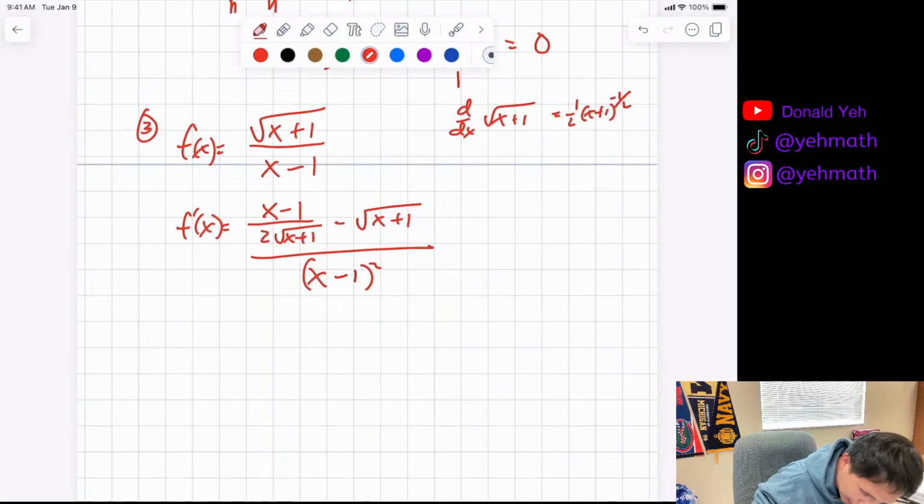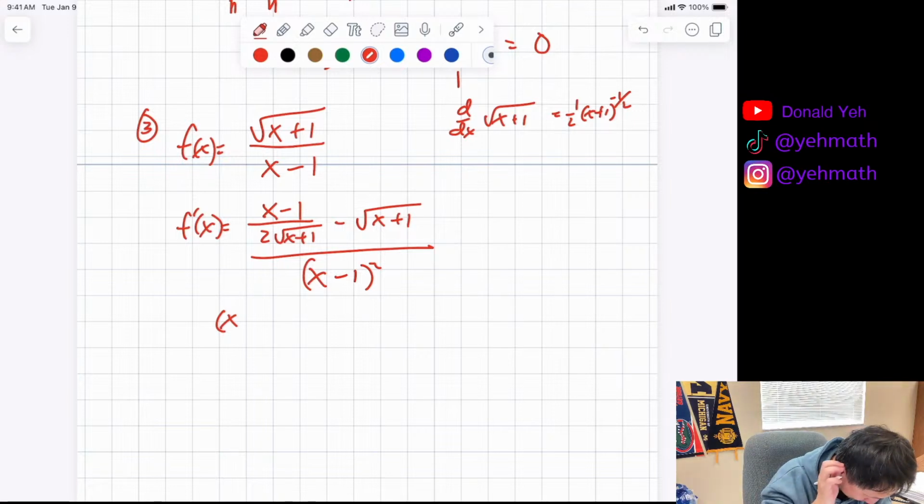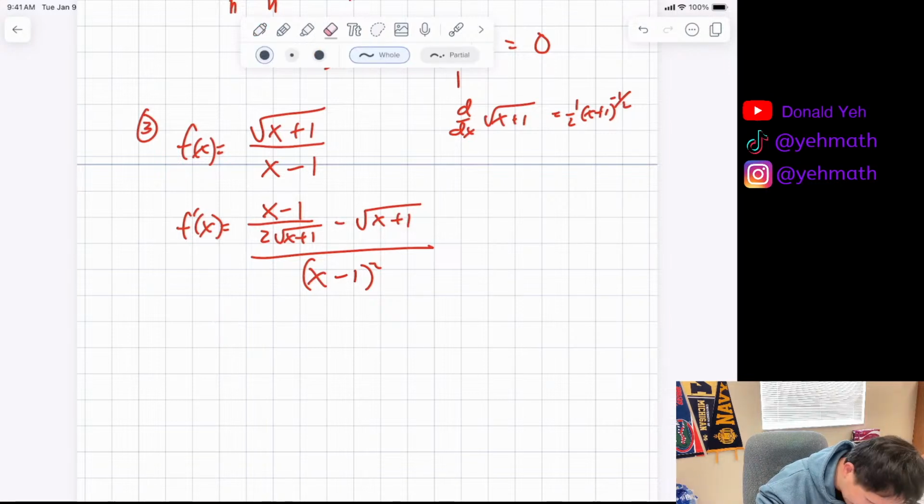Can I factor out the x plus 1 to the 1/2? You can combine fractions, you can do anything. So what if I factor out this one? Or you can combine fractions. Let's combine fractions, that's maybe easier.